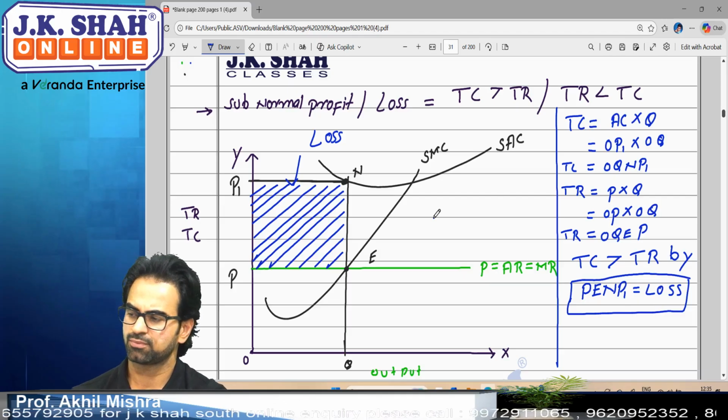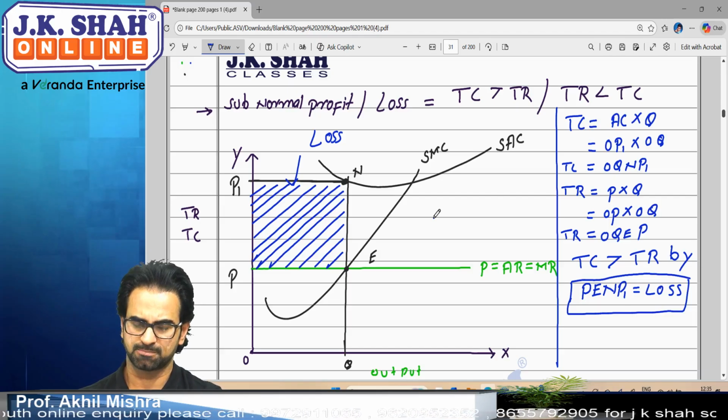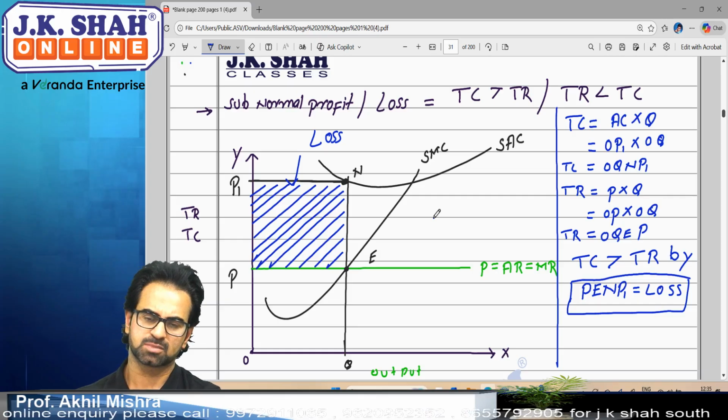Since the price of the product is very high, because demand is more and supply is less, and since it's very expensive, people don't buy in huge quantity. Of course, they will buy in small quantity.